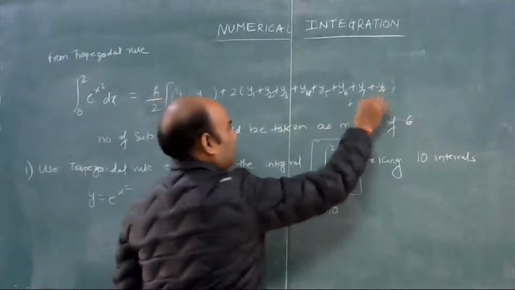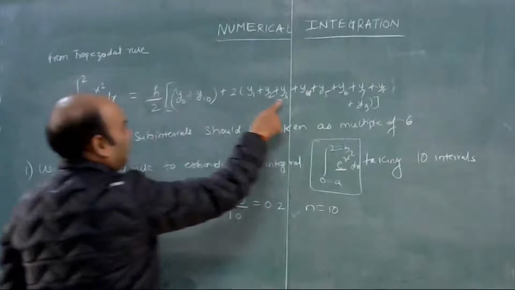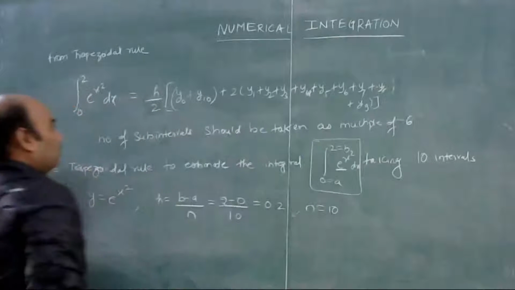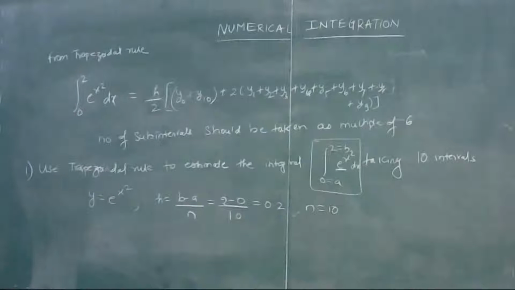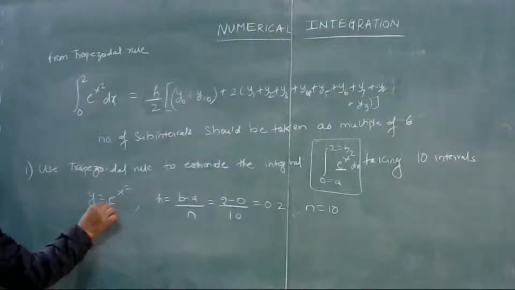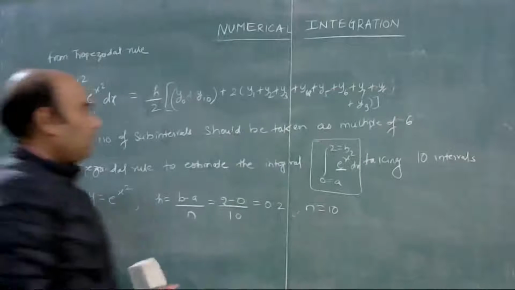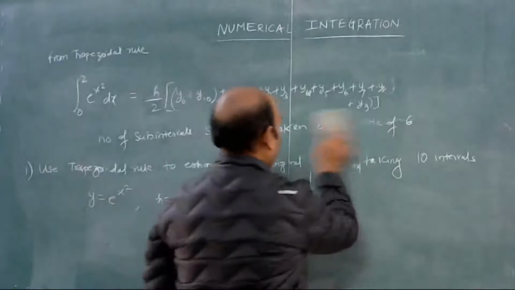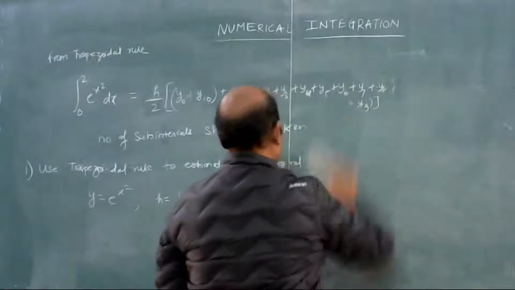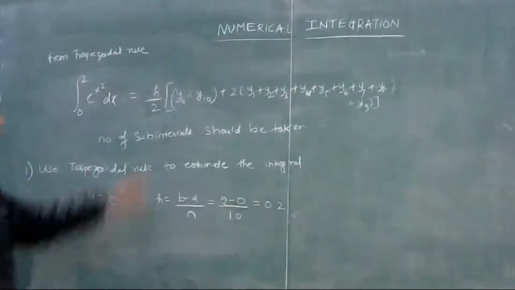Okay, so you require various values of y: y0, y1, y2, y3, up to y10. The values of y are not given, but we have assumed that y is equal to e to the power x square. So now we will find the values of y in order to find this integration.